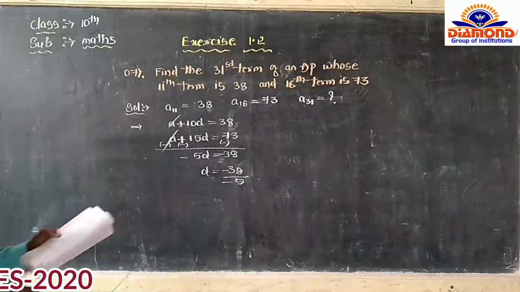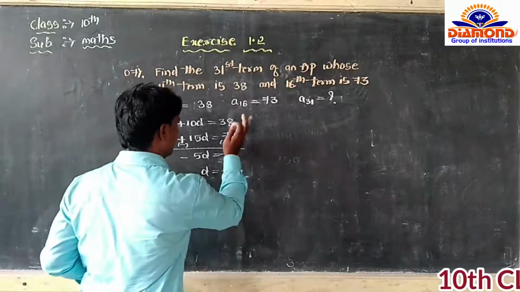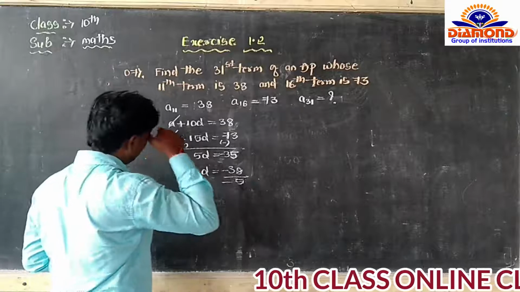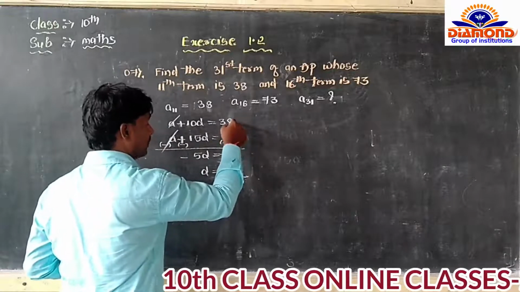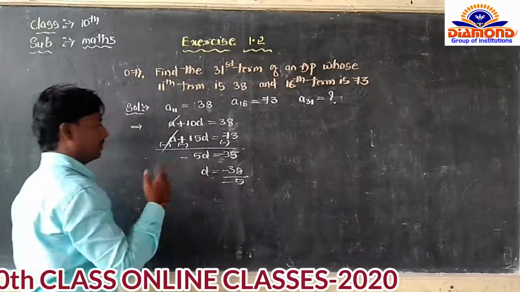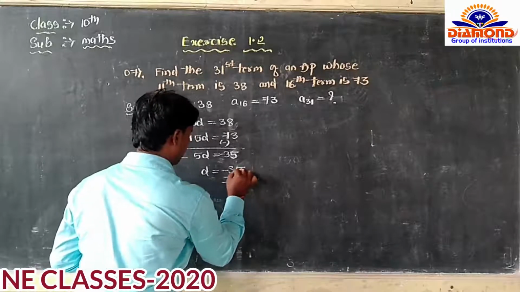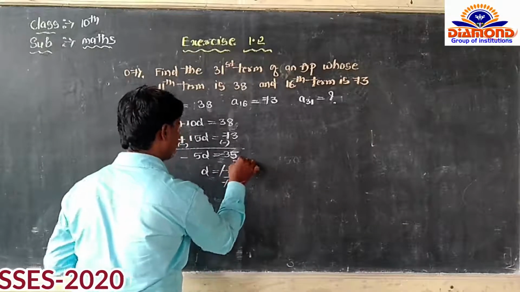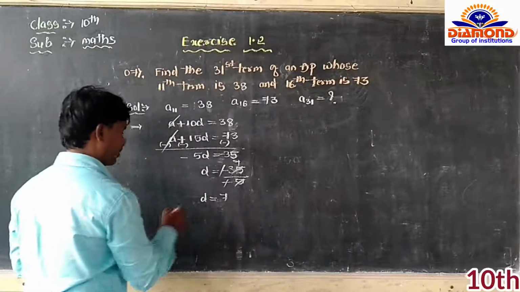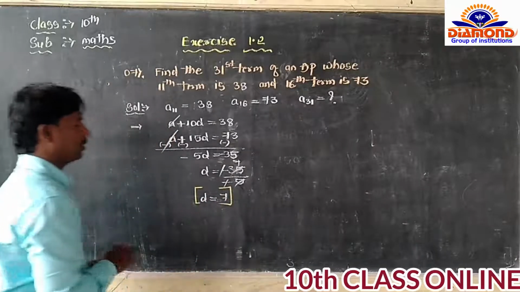We got 35, so 13 minus 8 is equal to 5, and 6 minus 3 is equal to 3, minus 35. Here 35 and minus both get cancelled. 5 sevens are 35. d is equal to 7, dear students. Common difference is equal to 7.